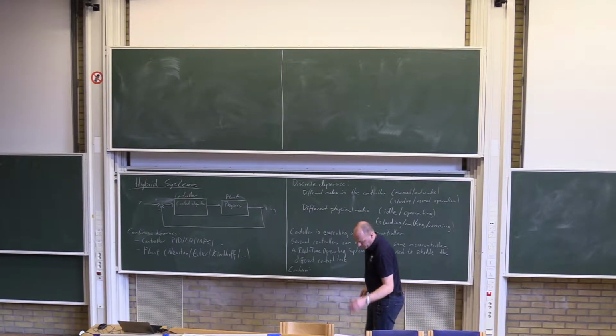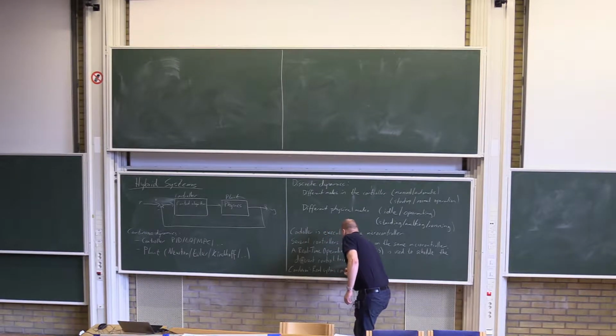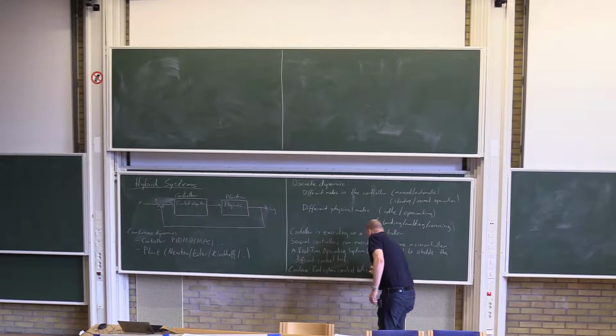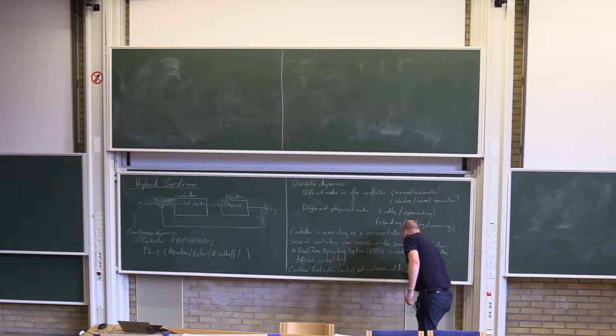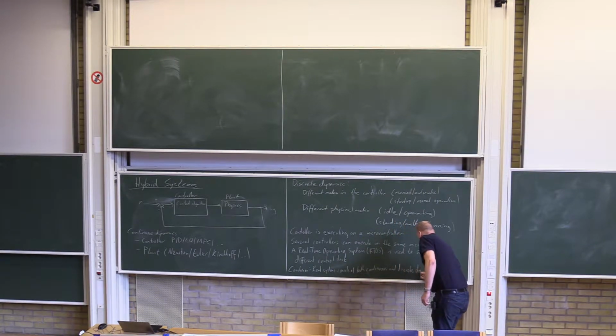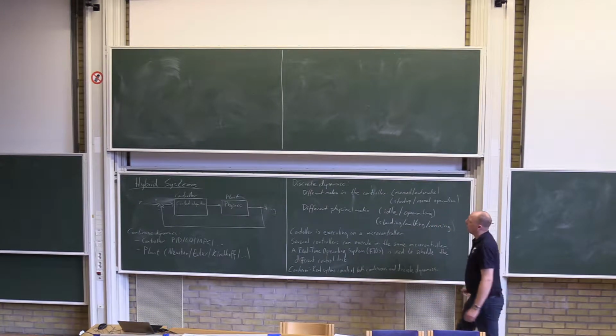So real systems consist of both continuous and discrete dynamics. Okay.